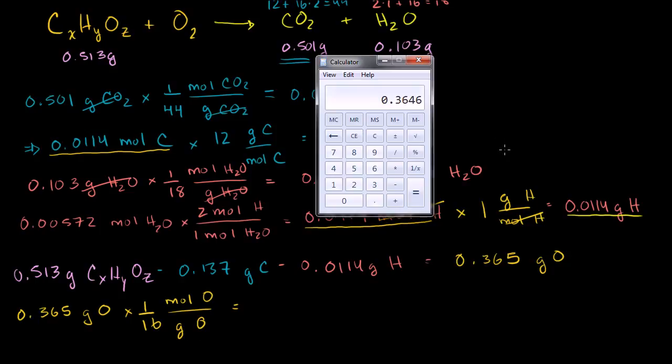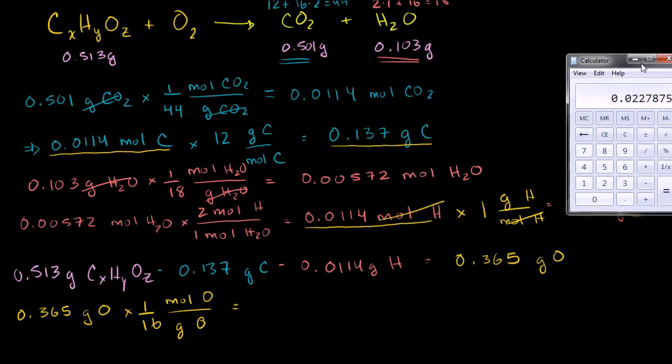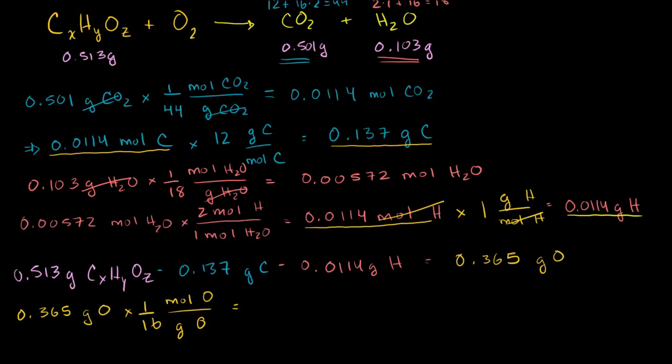I'll just divide it by 16. So 0.0228, just to round it. Let me put it aside, I want to make sure I don't lose any zeros here. So this tells us that we have 0.0228 moles of oxygen. These guys cancel out.